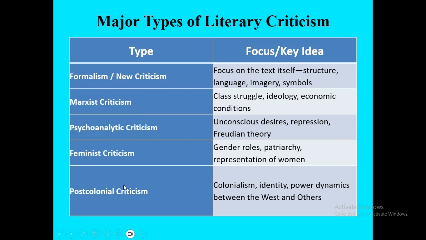And the next type is post colonial criticism. In post colonial criticism we find themes like colonialism, identity, power dynamics between the West and the others, the power changes between the Western countries and the other countries.